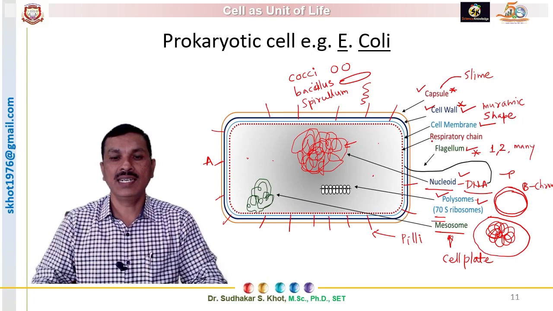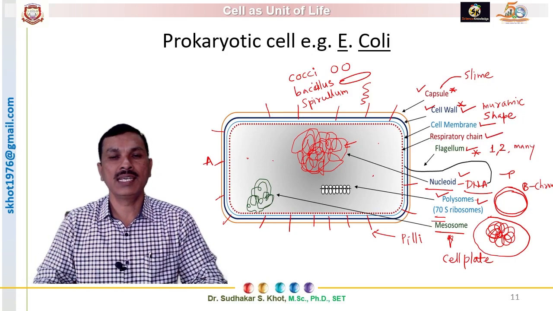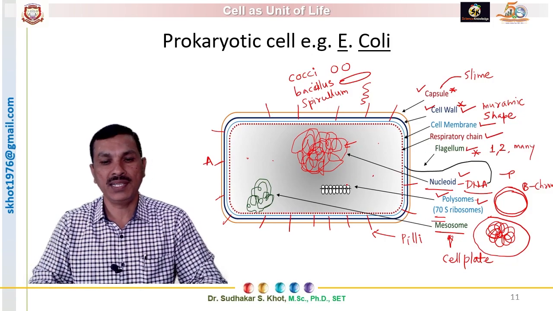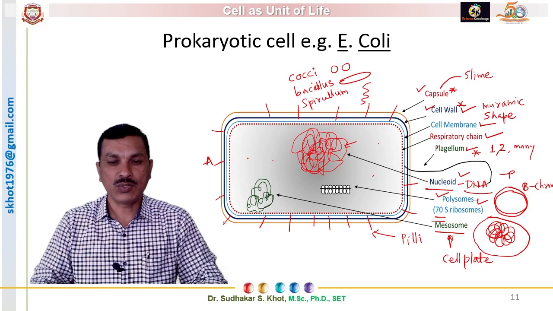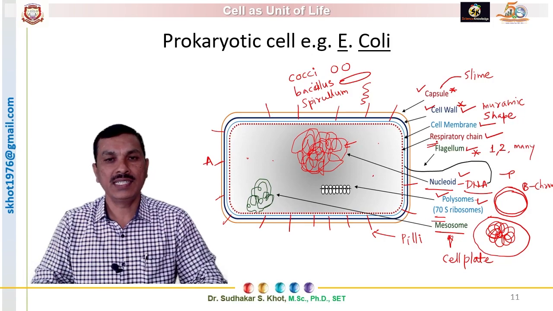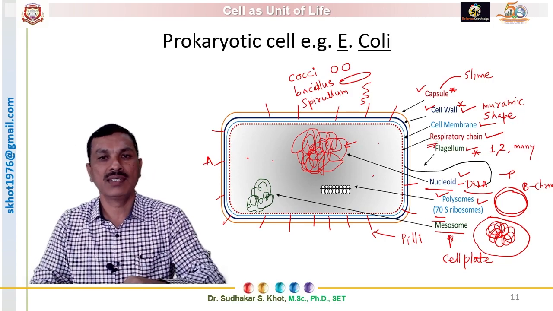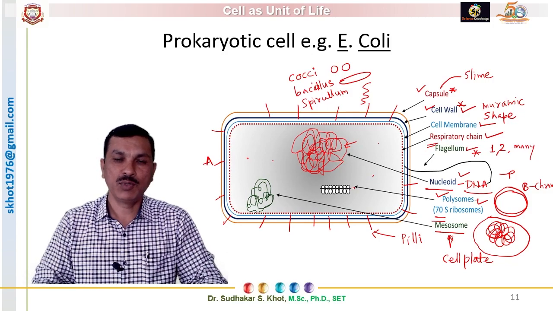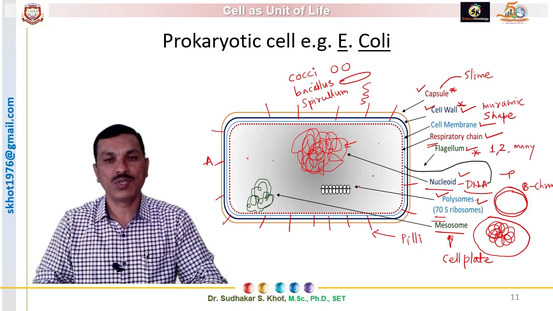Respiration is carried out by some respiratory enzymes, and these respiratory enzymes are present along the plasma membrane. This is called the respiratory chain. Now note that the respiratory chain doesn't have any separate enclosure, separate membrane. Similarly, the ribosomes are particles, they do not have a membrane.